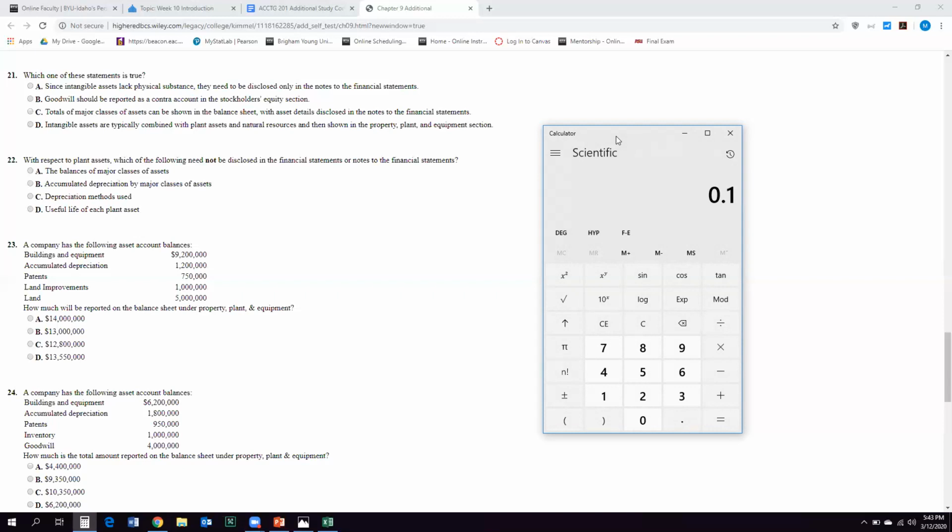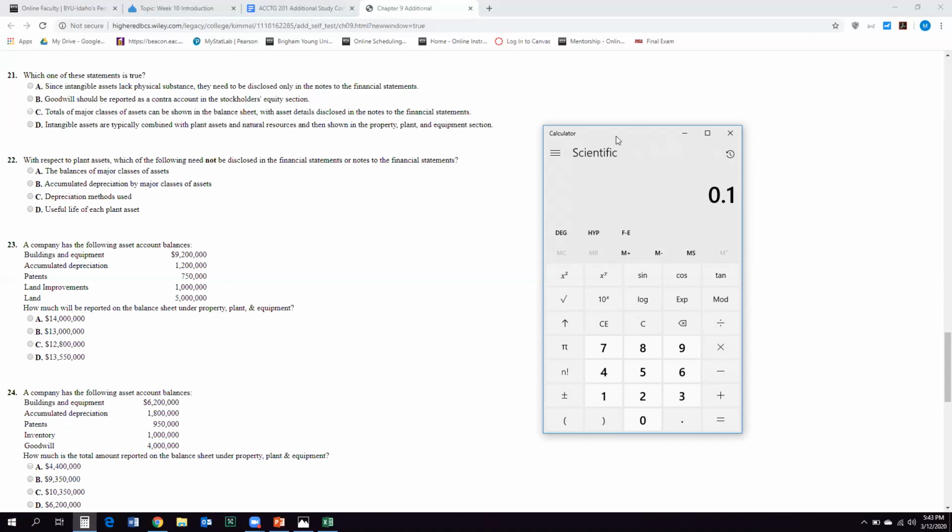Yeah. So I think the confusion is that it probably says somewhere that we do not include land improvements as part of the cost of the land. But what's maybe not clear is that we still include them as part of our property, plant, and equipment assets.